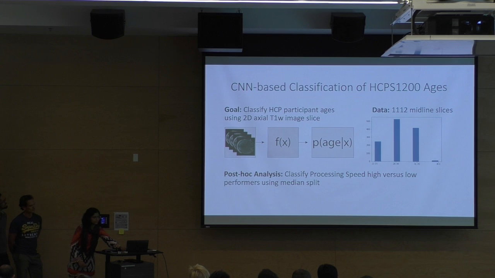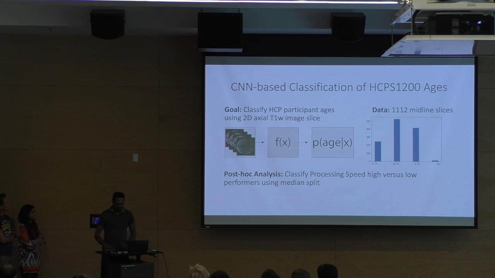Okay. Now the how part. This is actually mine. Right, so half of this project was, again, just kind of a silly thing in scope, in that we just wanted to try to classify the age distributions of HCP patients using simple convolutional neural networks.